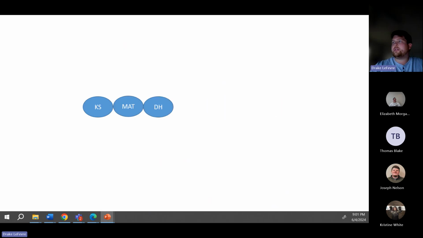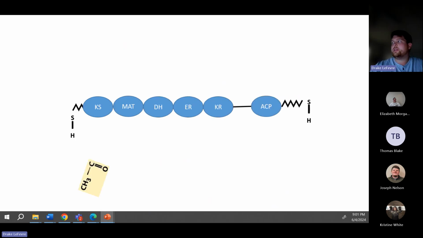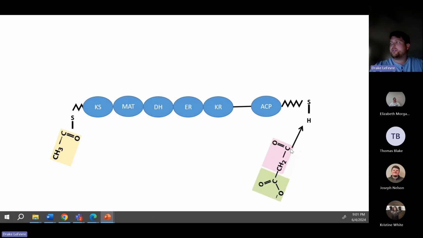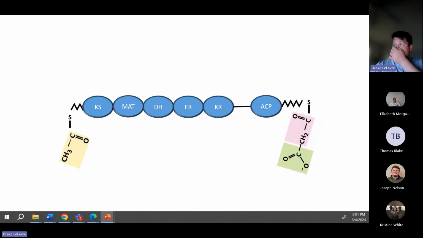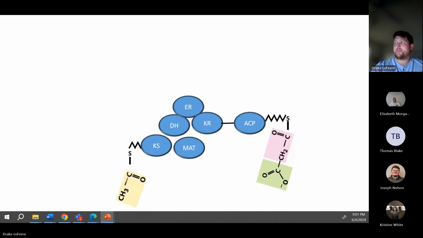Because he has in here the whole synthesis, step by step, of all the different enzymes and other parts of the whole synthesis, and it goes step by step.